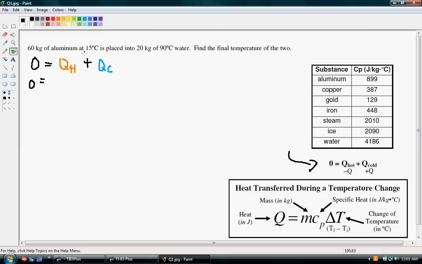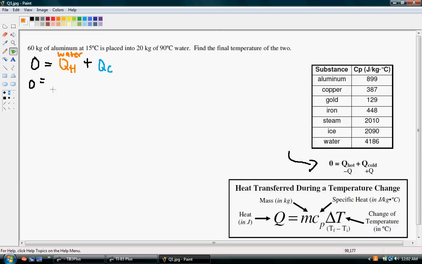Okay, well the aluminum was only 15 degrees Celsius. The water is 90. We know that we're going to get a temperature somewhere between 15 and 90, but that water was pretty hot to begin with. It was actually the hot material. Okay, so we know that this is the water and that the cold was actually the aluminum.